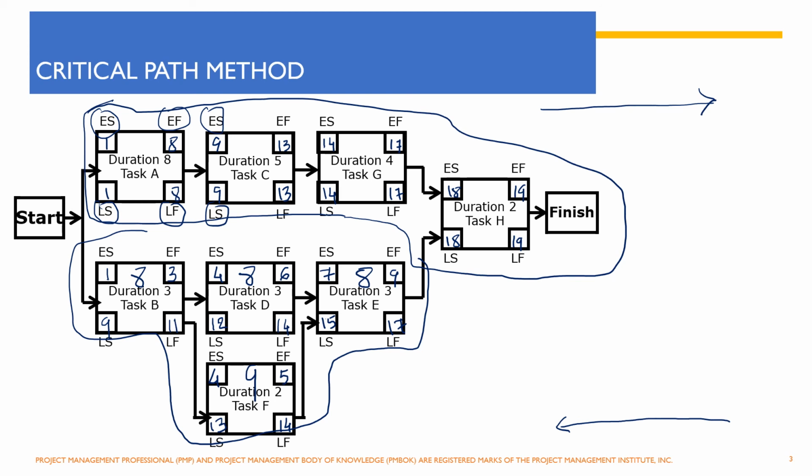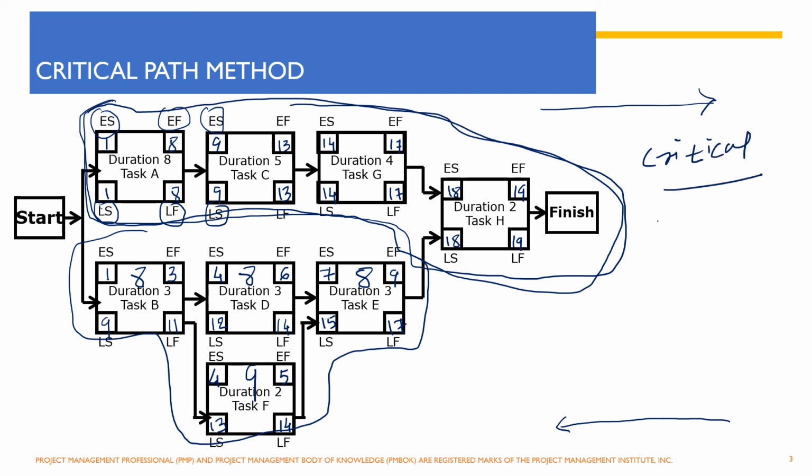So when you see that there is no flexibility, that's your critical path. That means you cannot delay any of the activities on that path. So that is your critical path, and that is also the longest path of your schedule.